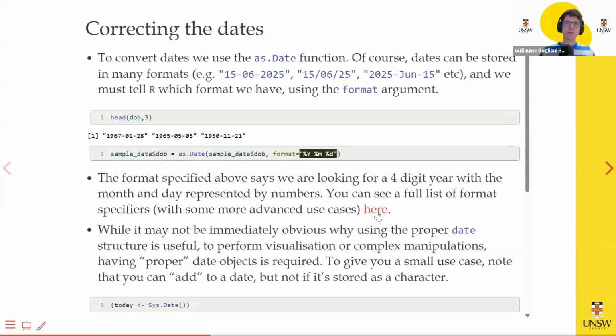And of course, there are many different date formats that you can review, for example, at this link. If you have a year that is only 2 digits, like 67, for example, you would need to use a lowercase y. Frankly, I don't think it's relevant here that I present all those cases because anyway, I myself don't know them by memory. I need to check a link like that whenever I need to deal with dates.